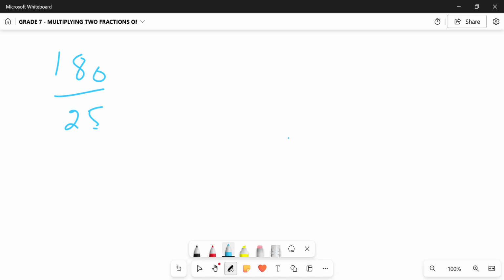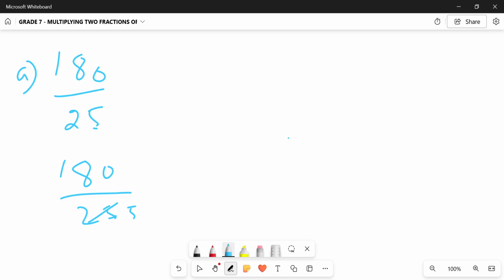You need to see that the last digits 0 and 5, they both are divisible by the 5 times table, right? So this 180, this is part A, 180 divided by 25. So you just simplify by 5. I'm taking 5 here, right?